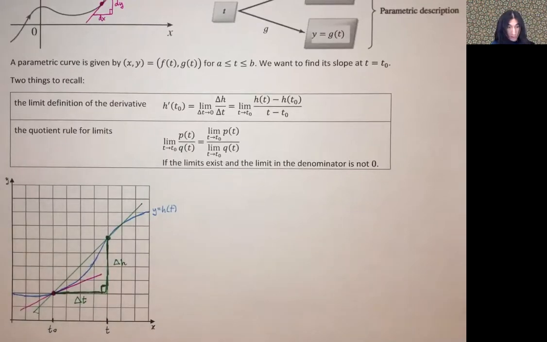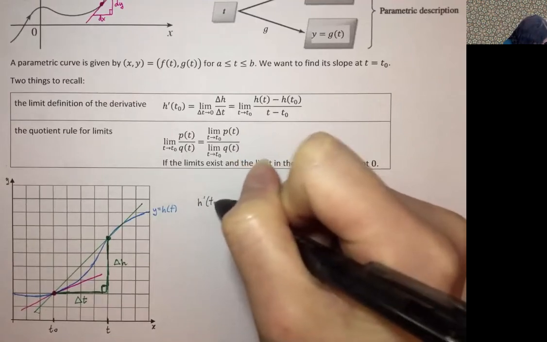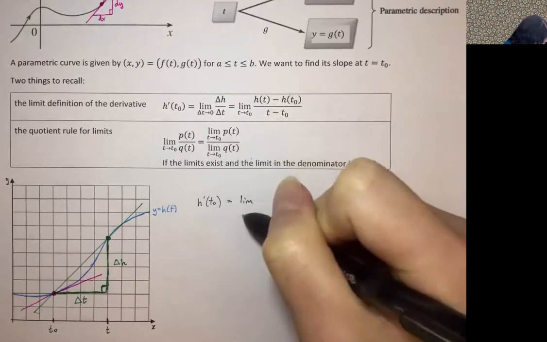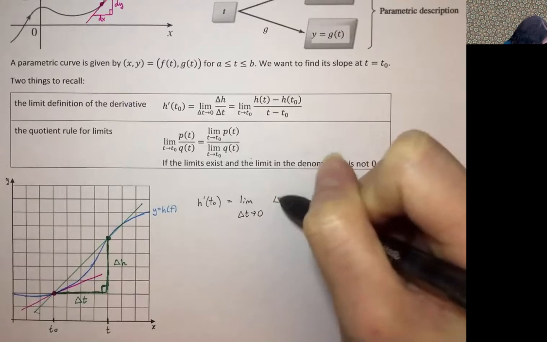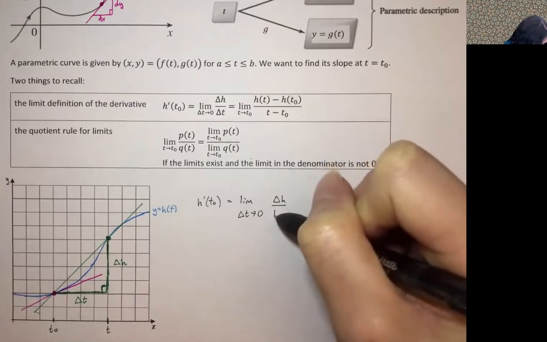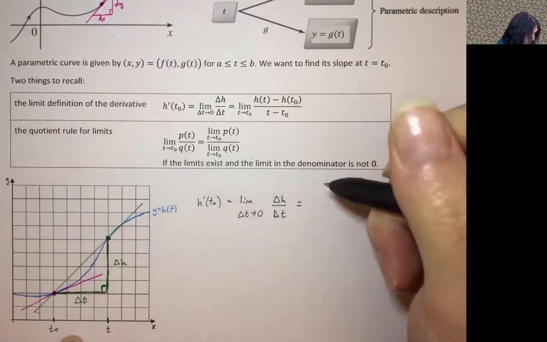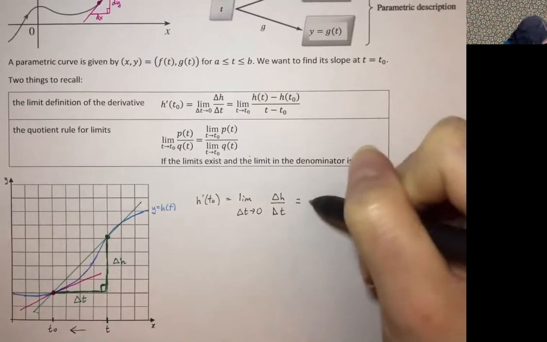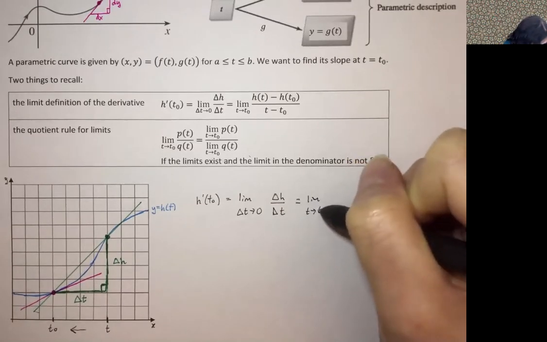And so our formula for h prime at that point t naught is going to be the limit as the change in the t values goes to 0. And of course, that's going to be represented by t approaching t naught, right? This t is going to have to be approaching t naught. So we write it as a limit like this, t approaches t naught.